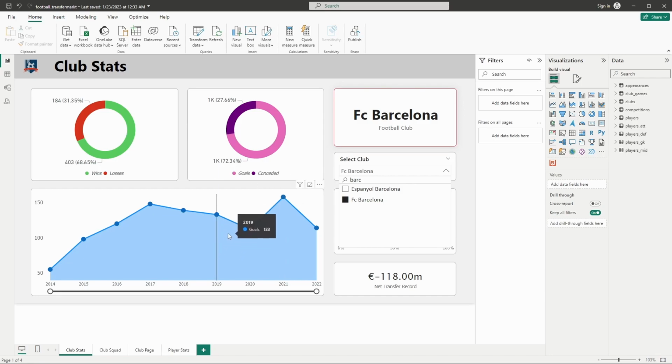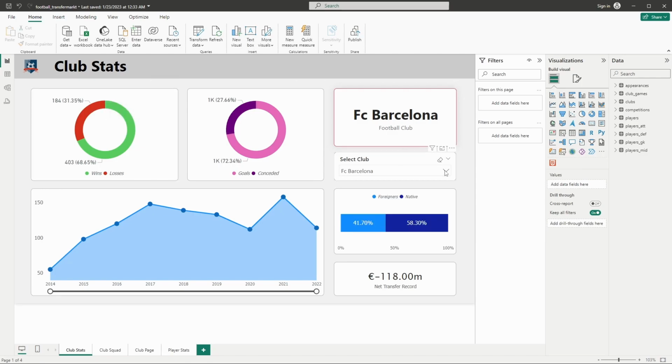They also had relatively lesser total goals scored in the year 2020. It increased and then decreased again. They also scored more compared to what they conceded. They won more and incurred lesser losses. Okay, so around a 70 to 30 ratio.